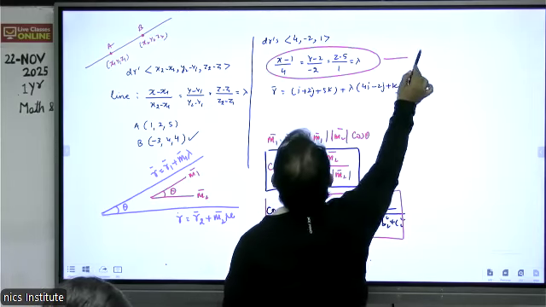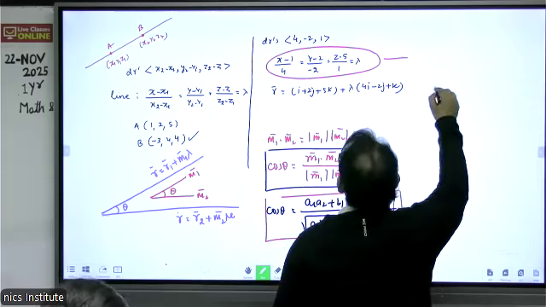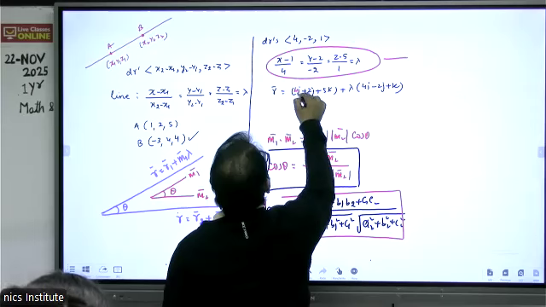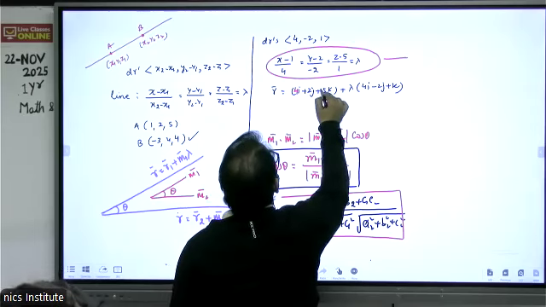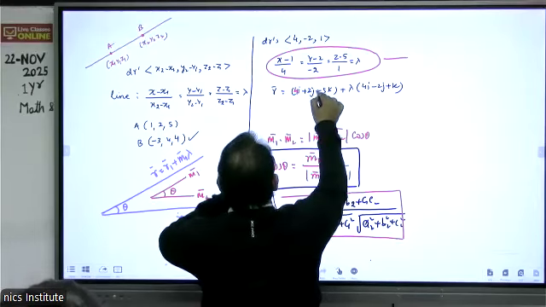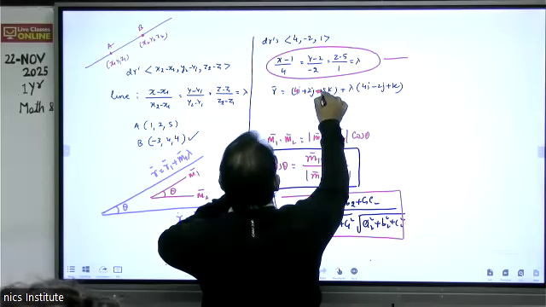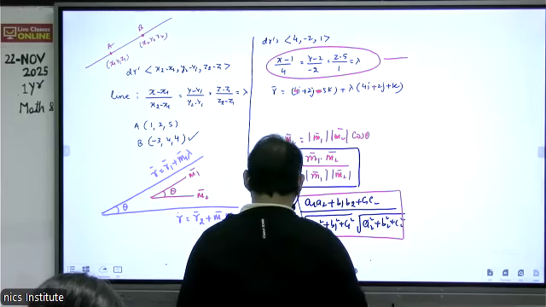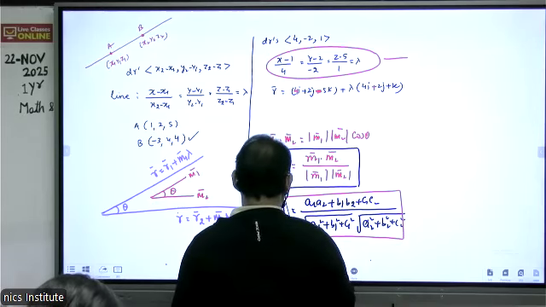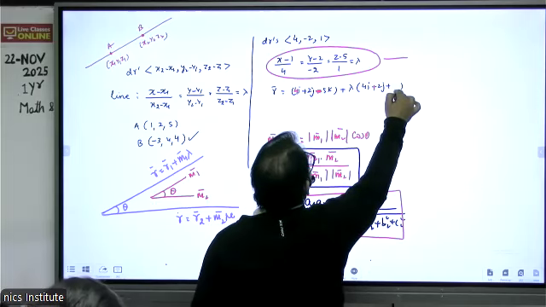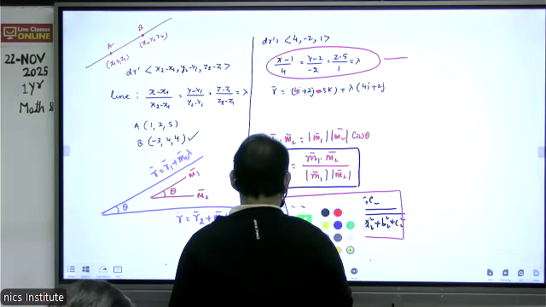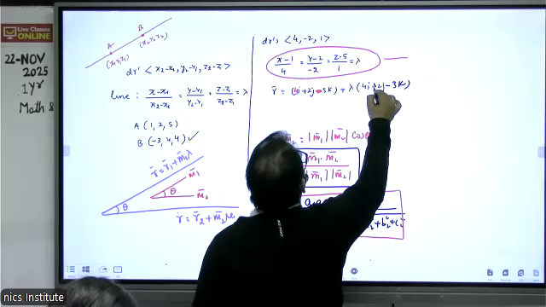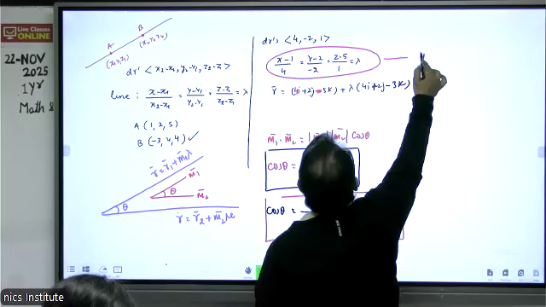Question we कर लेते हैं. There are two lines. One line is this, and the other line is 4i. There are two lines, 1 and 2.